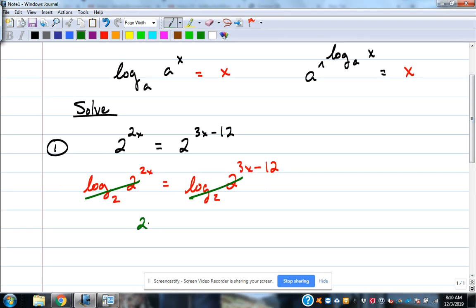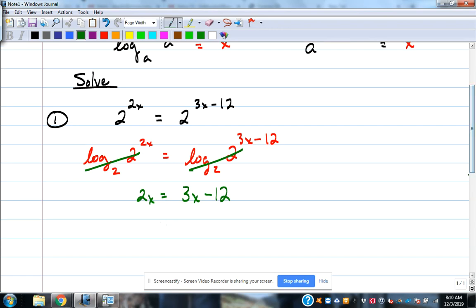Set up that equation, 2x equals 3x minus 12. That's going to be handy when we get to things that are not the same base as we go along here. So you get the bases the same, and then we take the log of that same base of each side to cancel them out.